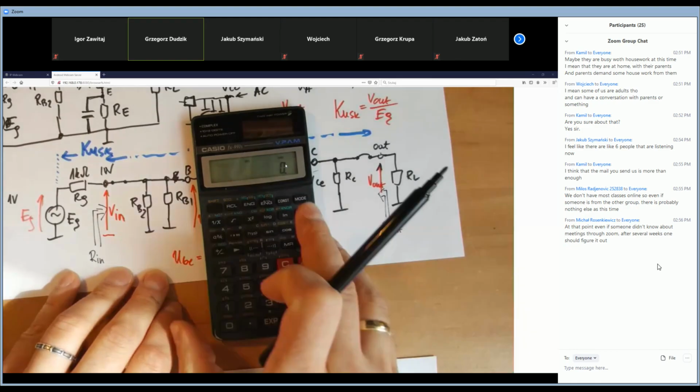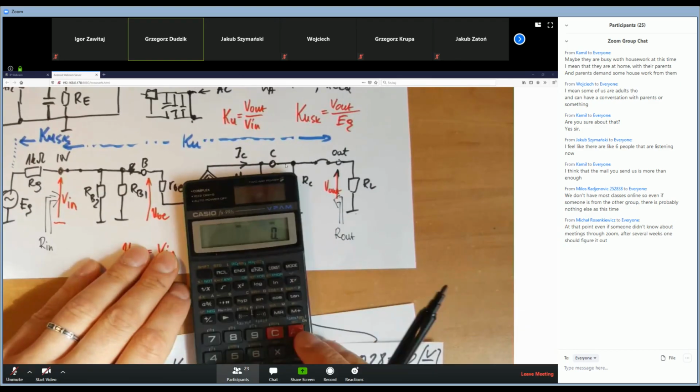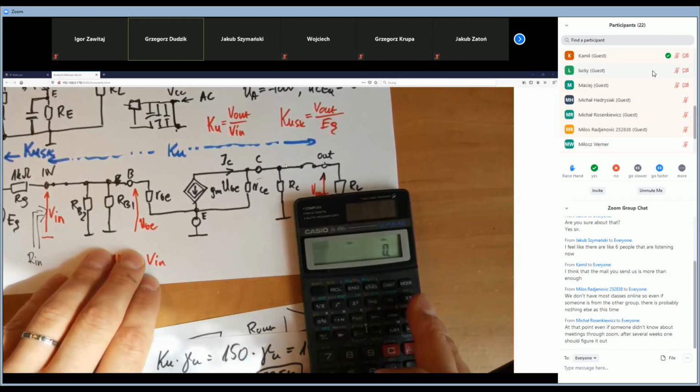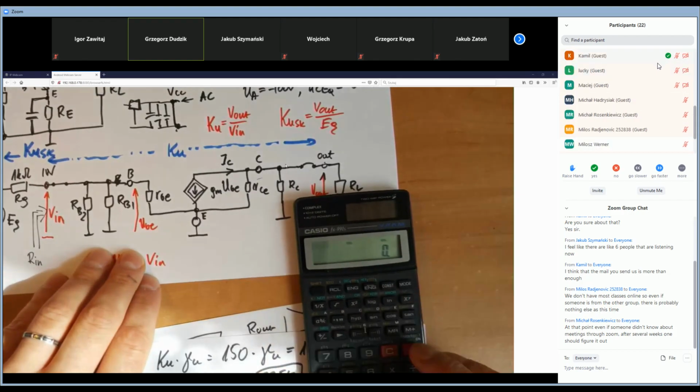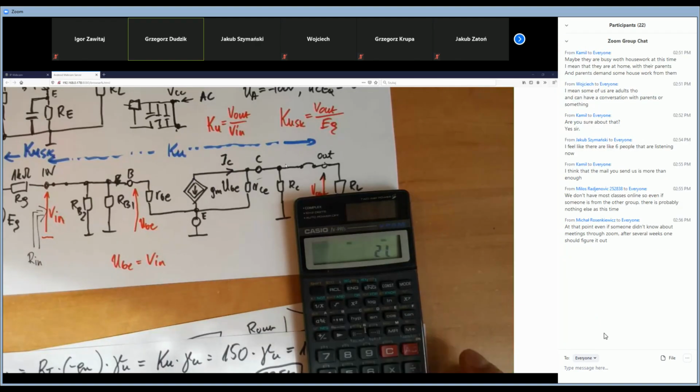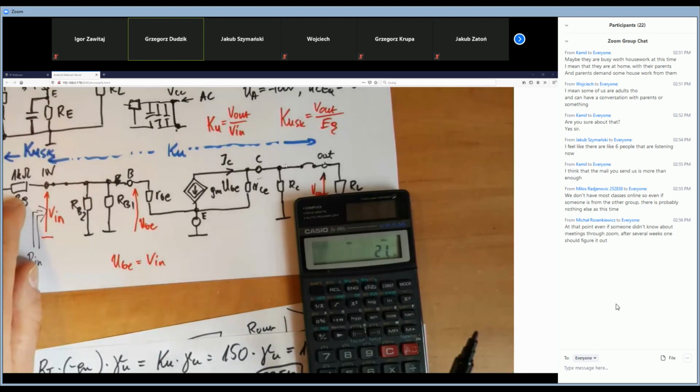But at this moment, you can see, even if we have 21 kilohms, what will be the gamma U value? It is 21 kilohms over 22.